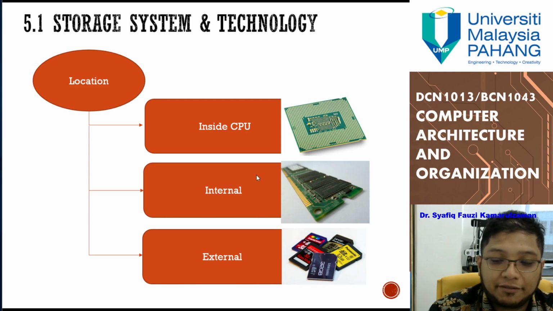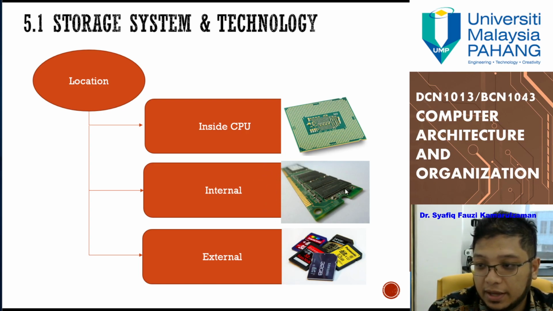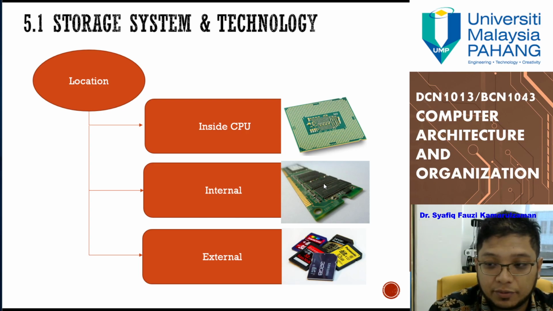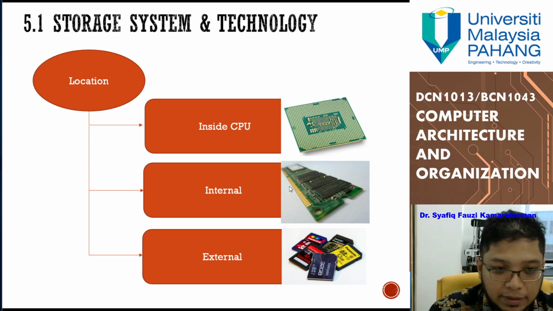Then we have the internal memory, which is the main memory of your PC. Usually we call it random access memory, which is RAM. Then we have others, for example cache memory, hard drives, M.2 drives, SSD drives. All of them count as internal memory.